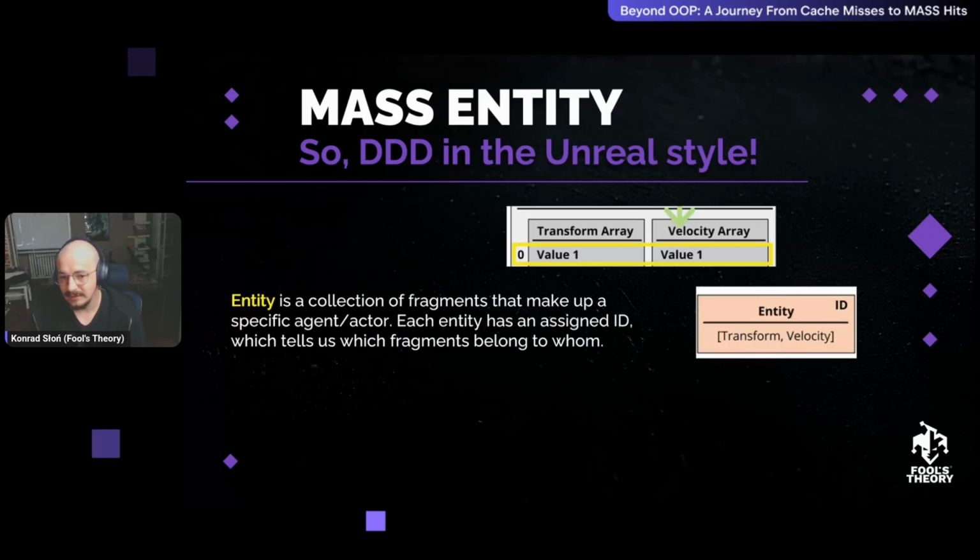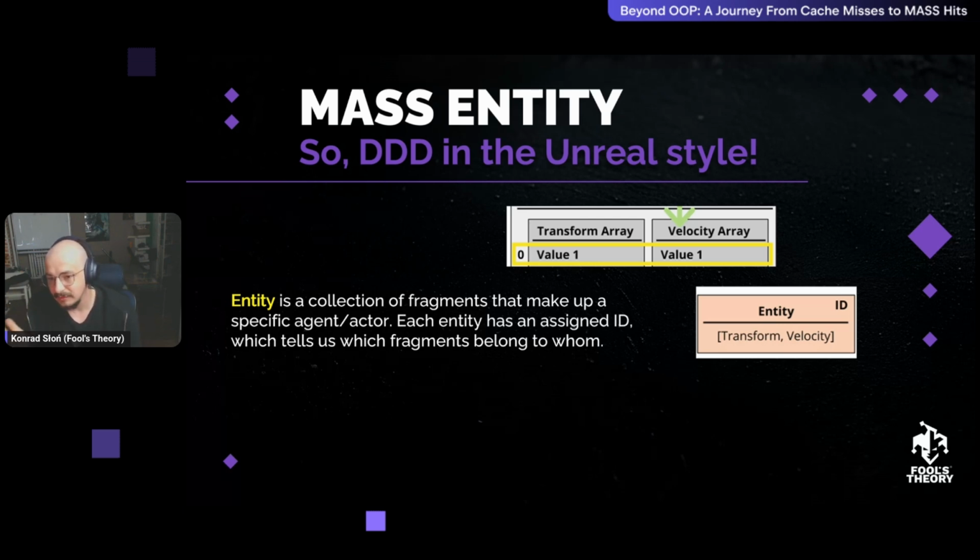Next, we have entity. An entity is a collection of fragments that make up a specific agent or actor. Each entity has an assigned ID, which tells us which fragment belongs to whom. For example, when you create 5 actors or agents on your scene, and each of these actors has a transform fragment, these fragments will be stored in one array with 5 records in it, and each of those entities will have an ID.